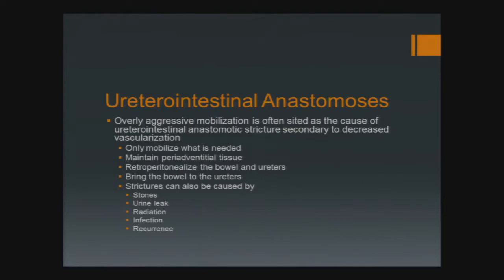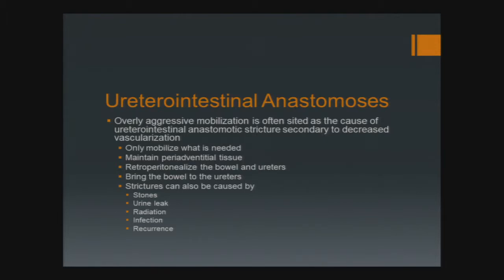So only mobilizing what we need, maintaining adequate periadventitial tissue. If you think about the blood supply to the ureter, it comes from the medial side until the iliacs, and then once it crosses the iliacs, it comes from the lateral side. But there are also longitudinal blood vessels that run in the periadventitial tissue. So preserving those longitudinal tissues will allow better blood supply to that ureter.